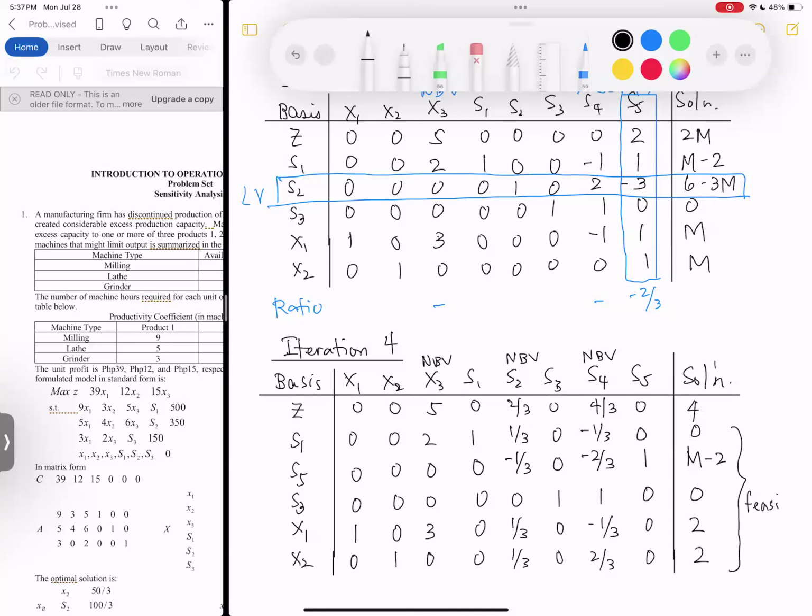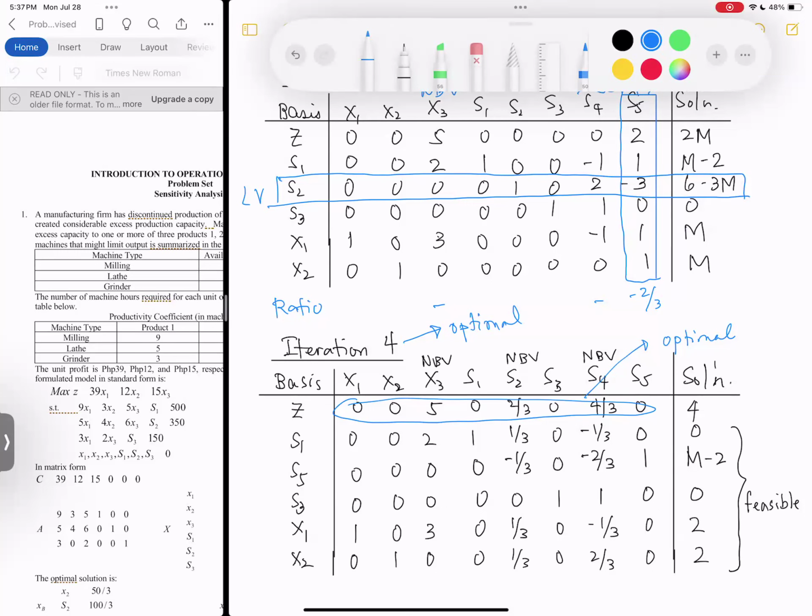Okay, feasible. And looking at the coefficients of the non-basic variables here, positive, positive, positive. So therefore, you see here that this one is optimal now. Okay, so therefore, iteration 4 is said to be an optimal tableau.